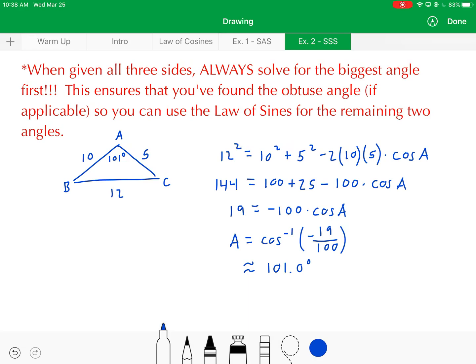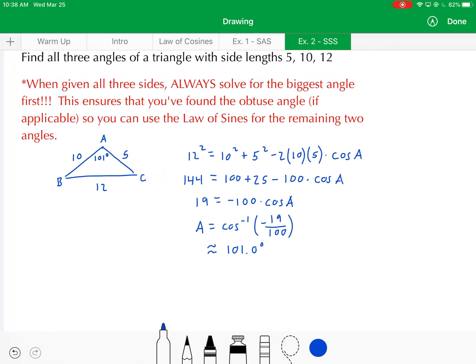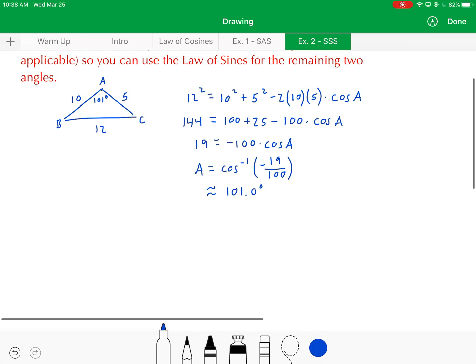All right, and now that we found that obtuse angle, we can avoid the ambiguous case and use the law of sines to find my other two angles. So let's go after, how about we go after angle B next? Okay, that would be 5 squared is equal to 10 squared plus, oh, I'm starting to use the law of cosines again, sorry. Law of sines is what we said.